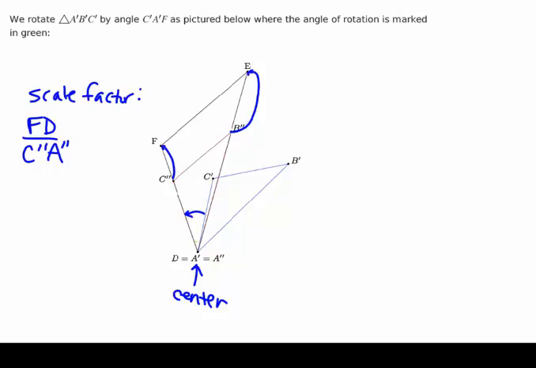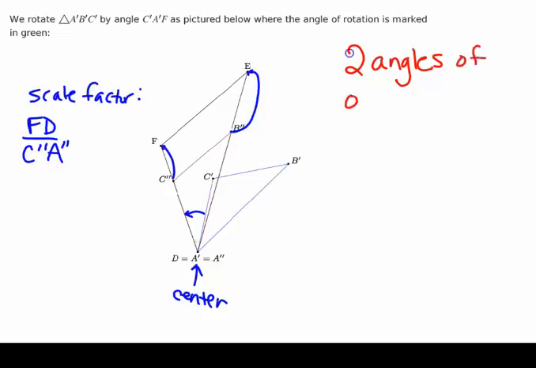And so then that means that those angles do match up. All three of the angles do match up. So we can say that if we know two angles of two triangles are congruent, then we can say that the two triangles themselves are similar.